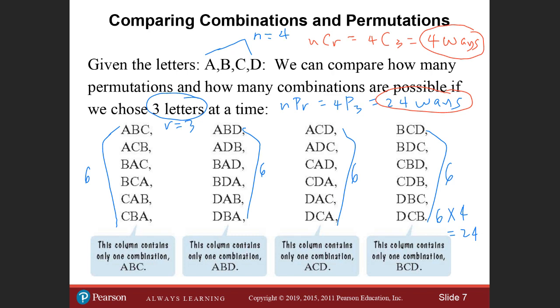So what combination is trying to say is it doesn't matter the order. So ABC is the first way to order 3 letters from A, B, C, D. This is the second, this is the third, and this is the fourth. So total of 4.